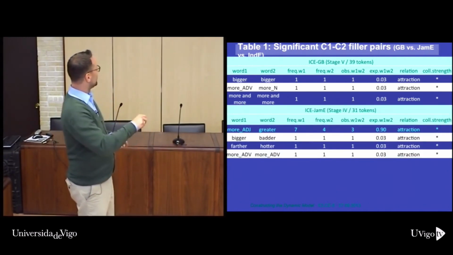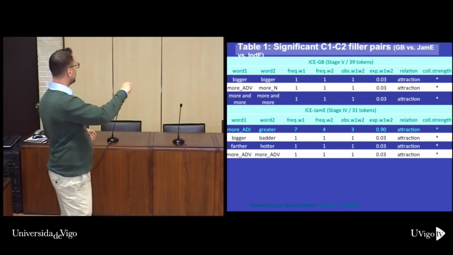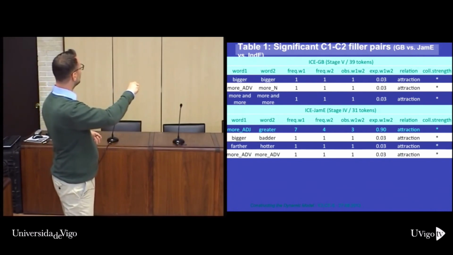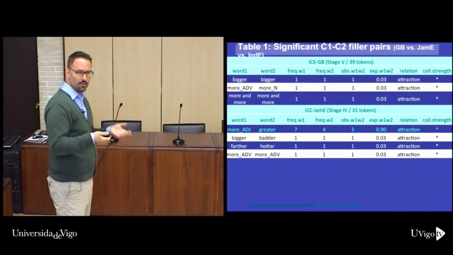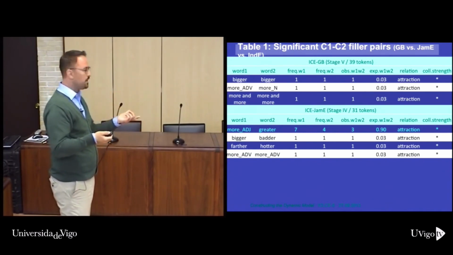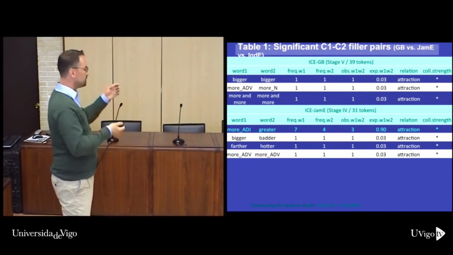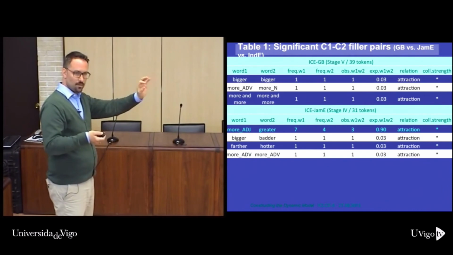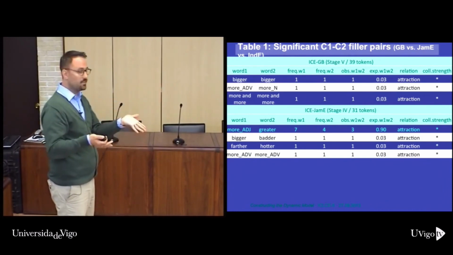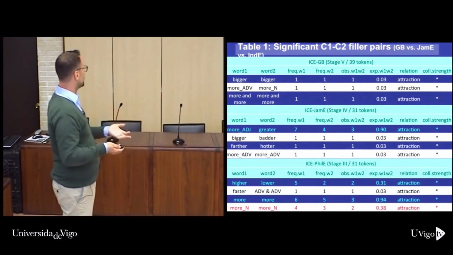If you look at Jamaican English, stage 4, 31 tokens, you already get more, and you get already this reliance: the more adjective, the greater, which comes up 7 times, the first word and the second one, and the more adjective, the greater, comes up 3 times, and that's now significant. Those two are not generated independently, but that's one of those, the more adjective clause, the greater clause, that would be a pattern that seems to be entrenched for Jamaican English.